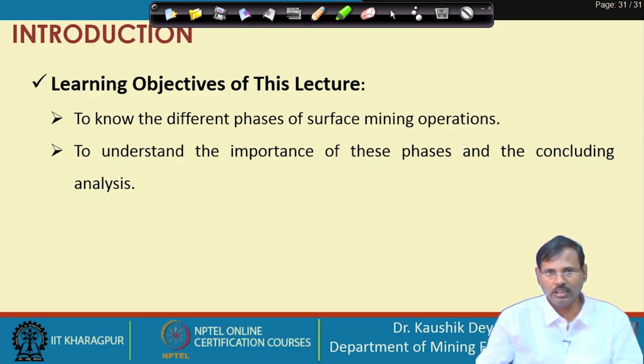We have already seen the different machineries, but these machines are not possible to combine with each other. Some combinations of machines are used in some mines, and other combinations are used in other mines. These combinations of machines we will discuss in this lecture.